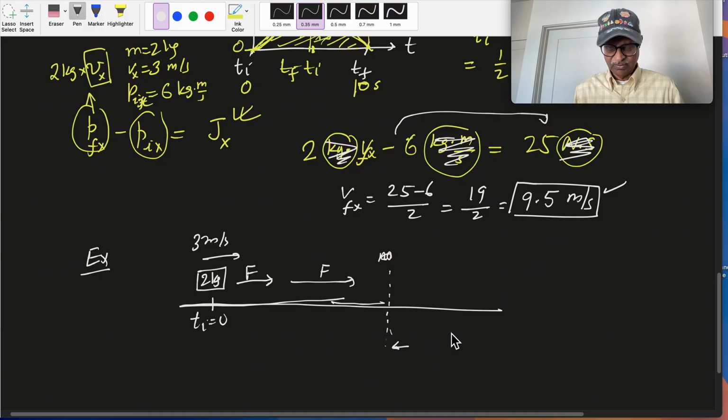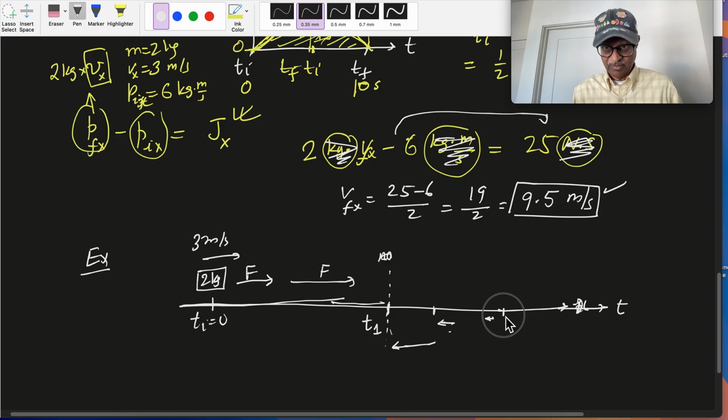Then over here, this is the time axis. This time is t1, t0, let's call this t1, so this is the time axis in a way. And here is T2 equals T final.